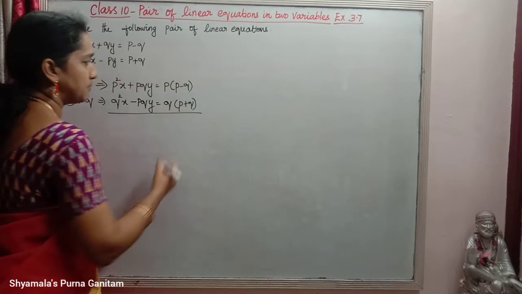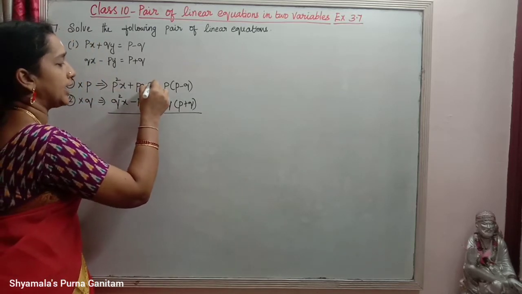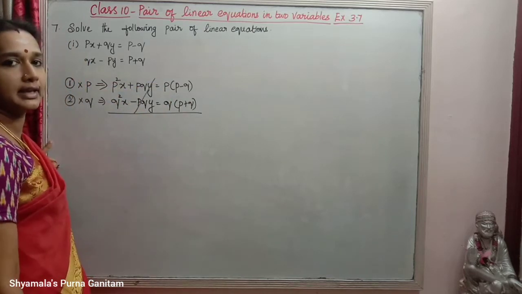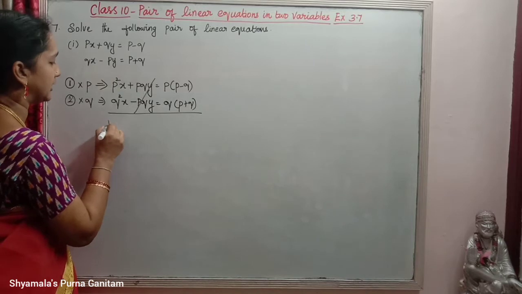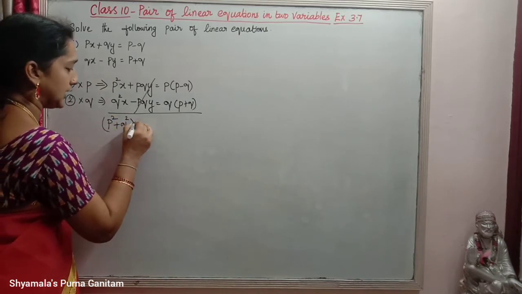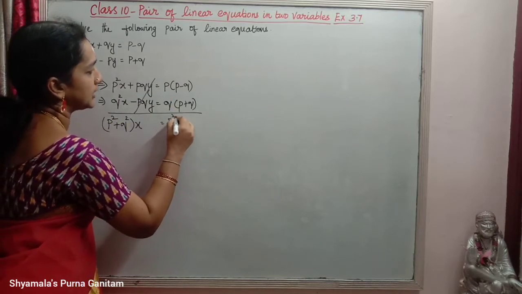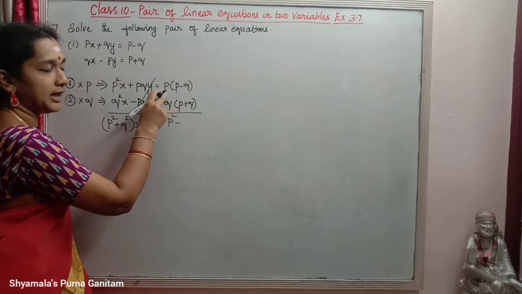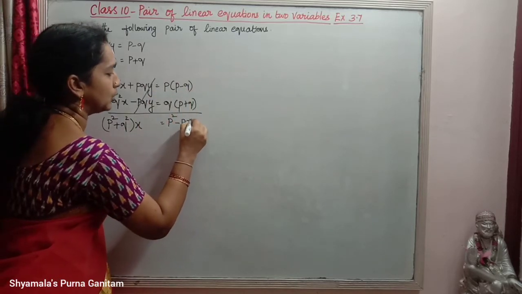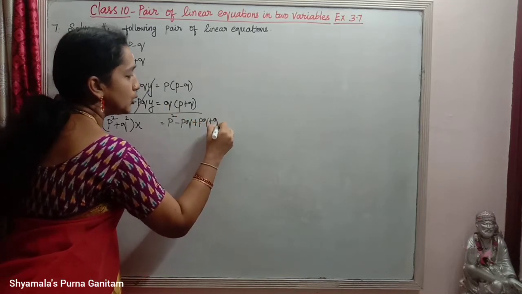So now if I simplify, here unlike signs are there. So plus pqy and minus pqy can be cancelled. So the remaining we get p squared plus q squared into x. This side I am having p squared minus pq plus pq plus q squared when I multiply inside.